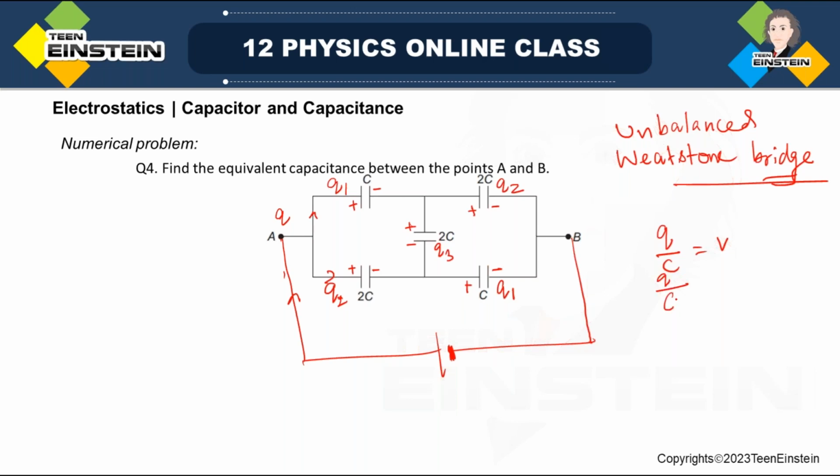Total charge, because we know according to our circuit, Q1 plus Q2 will be Q. So total Q by C equivalent will be exactly equal to V1 plus V2 plus V3, whatever potential drops we get. So that is what we are going to do now. Let me just erase this part first.